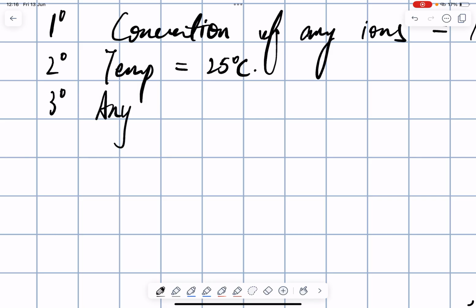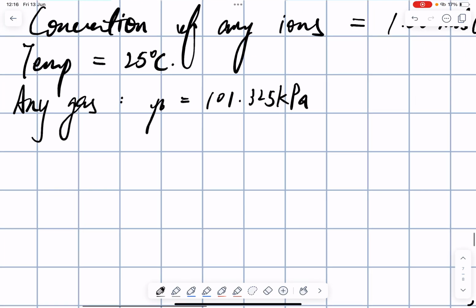Any gas, P equals 100 kPa is fine, or 1 atm.